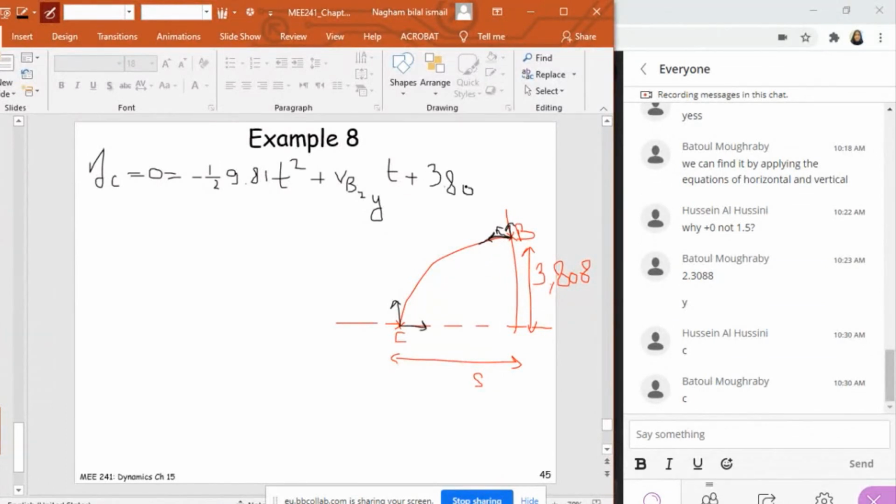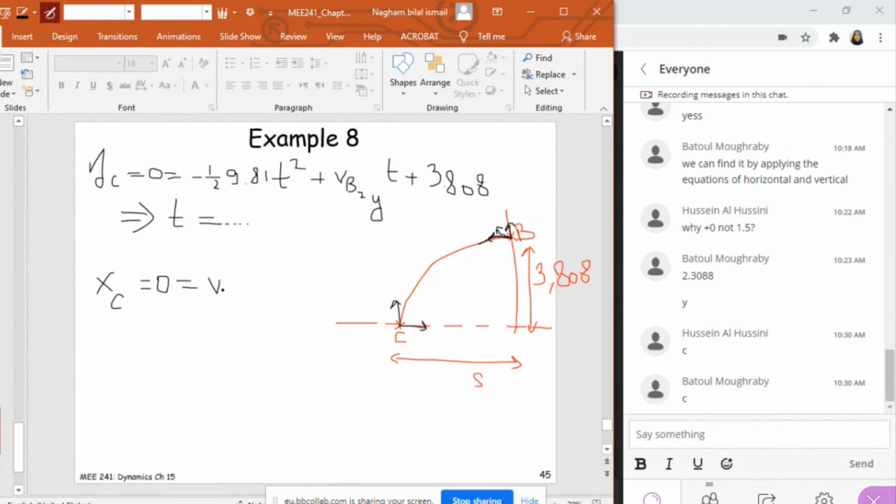Now, guys, if you take B as your reference, then YB will be 0, but YC will be minus 3.808. So as if you take this value to here, all right? So it's the same. Then from this equation, I can find t. Whenever I know t, I took the reference at C. So X of C is 0.